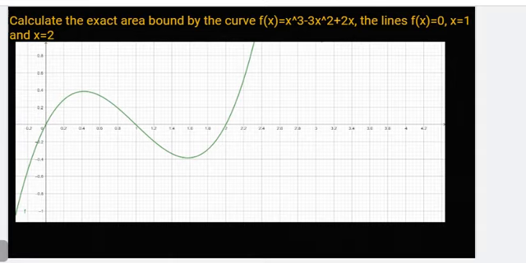So I want to start this off by identifying some of these lines. And of course, we already have the curve, and the curve is here: f of x equals x to the power of 3 minus 3x to the power of 2 plus 2x.